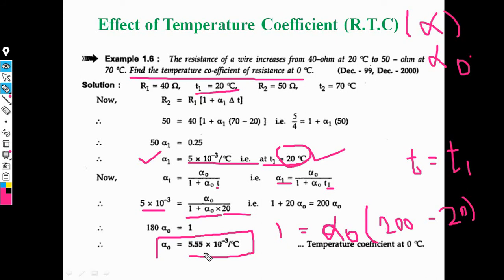For that we need the resistance temperature coefficient at T degrees Celsius, alpha T is equal to alpha 0 upon 1 plus alpha 0 T. Rearranging for alpha 1 at temperature T1, alpha 1 is equal to alpha 0 upon 1 plus alpha 0 T1. In this equation we have to obtain the value of alpha 0, the resistance temperature coefficient at 0 degrees Celsius. This is the problem based on resistance temperature coefficient.